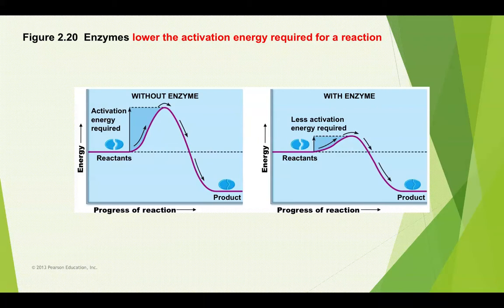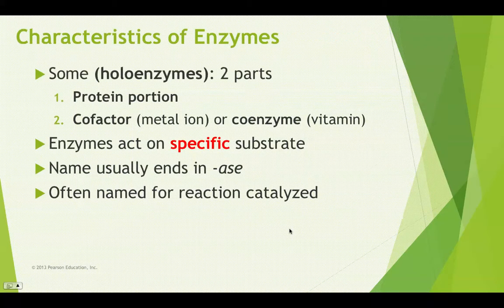So the enzyme will actually facilitate a certain chemical reaction. Without the enzyme, you have a lot of energy that's required to get that chemical reaction to go. This one, not so much, because the enzyme is present, and so it's just much easier to allow that chemical reaction to take place.